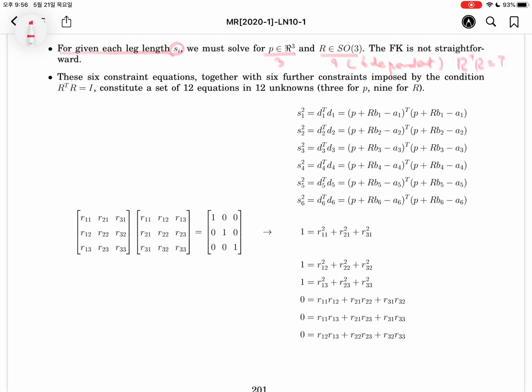Because R transpose R should be equal to the identity matrix. Anyway, we need 12 equations to solve for P and R. Like this, the forward kinematics issue is not easy.